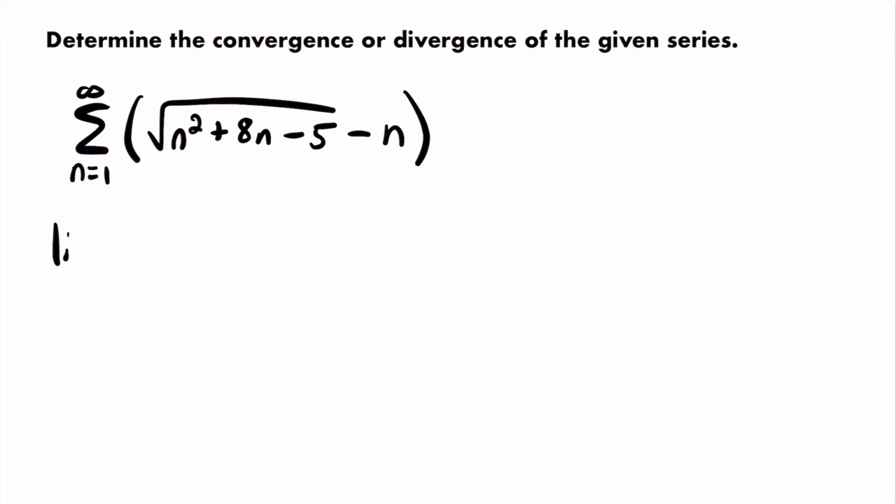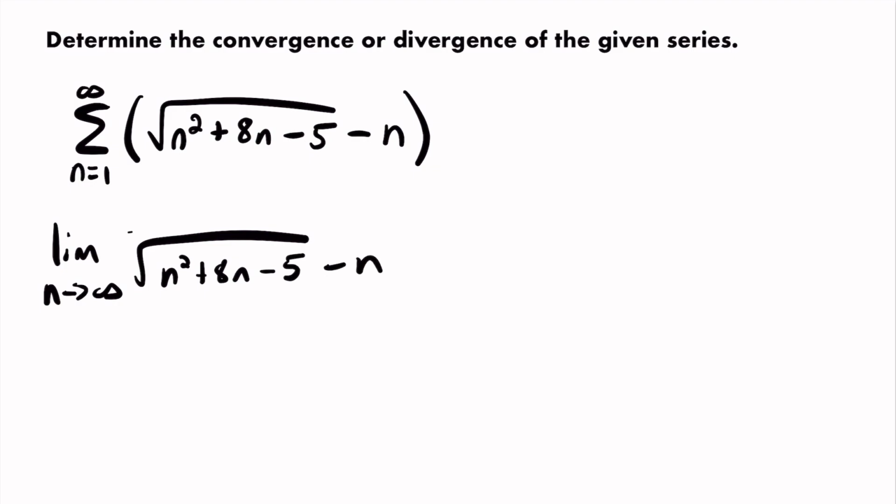Let's take the limit as n approaches infinity of this expression. So we'll have the square root of n² plus 8n minus 5 minus n. Now, just by thinking about what happens as n approaches infinity, this n² is going to get bigger and bigger towards infinity. Then we're adding 8 times n, and that n is also approaching infinity.